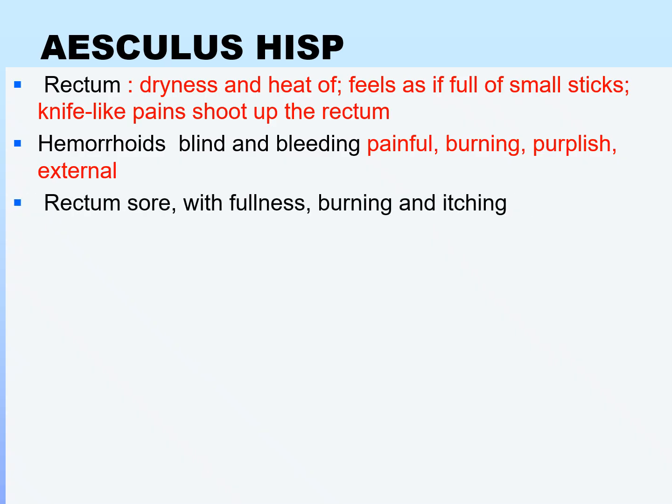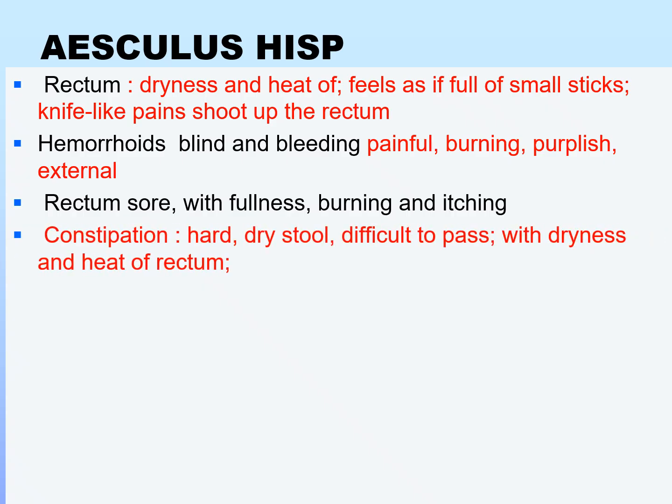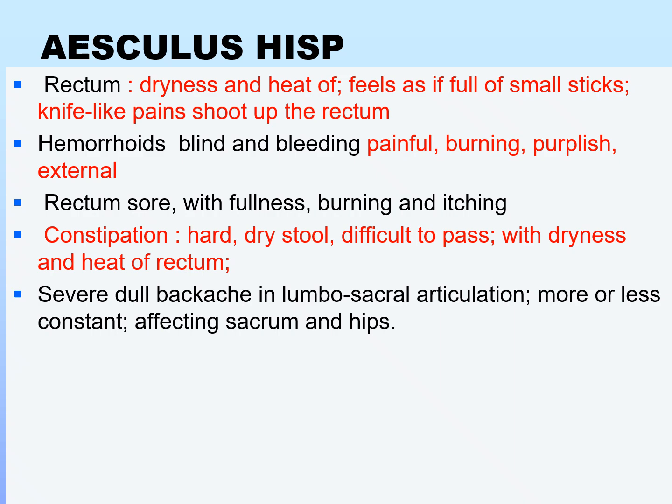From that you can make out that there is bleeding or blind piles but bluish in color. The patient often feels as if the rectum is full of small sticks, and sharp knife-like pain shooting upward. So this is a peculiar symptom which is known as the keynote symptom.